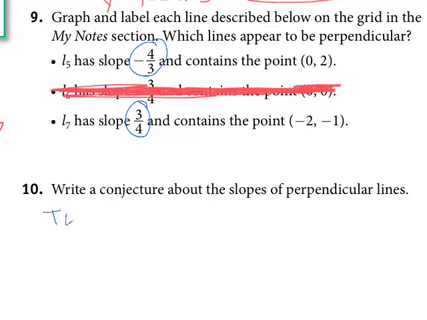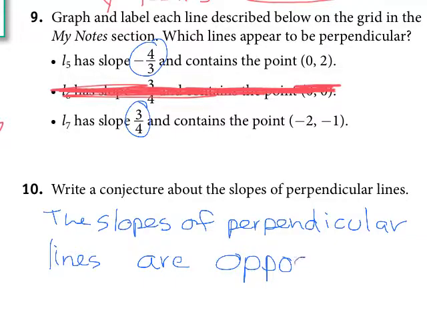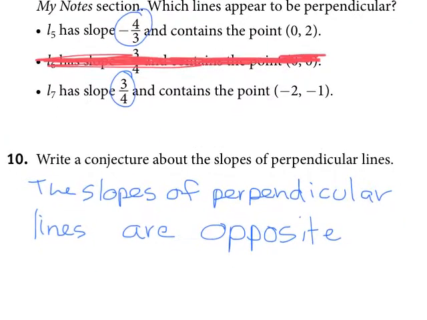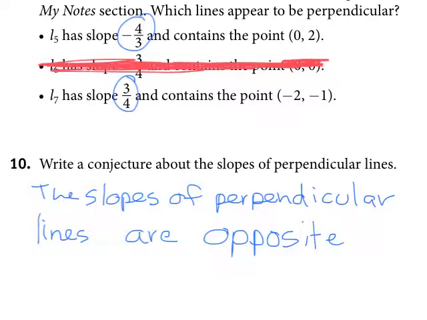So the slopes of perpendicular lines are opposite, but they are something else. What else? They are opposites. One's positive and one's negative. What else is different about them?